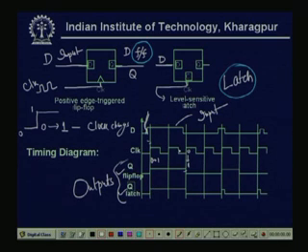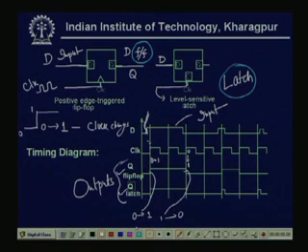Here again it is a 0 to 1. If it is a positive edge trigger, then it is a 0 to 1. So, when it is a 0 to 1, that time only the output changes. Here the output changes 0 to 1, here the output changes 1 to 0.